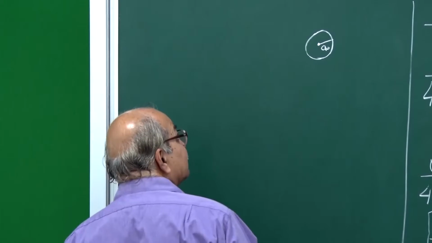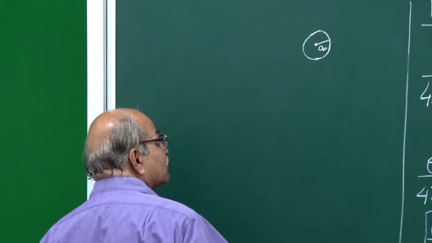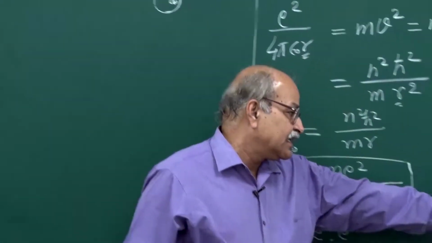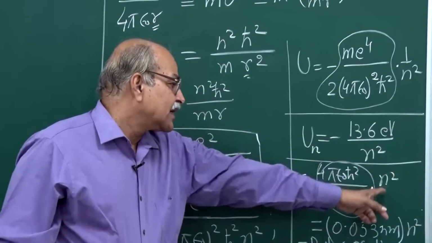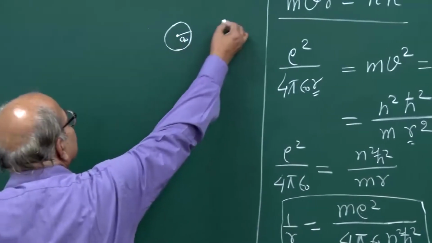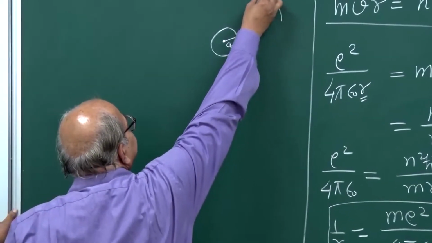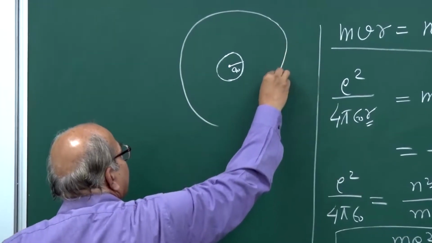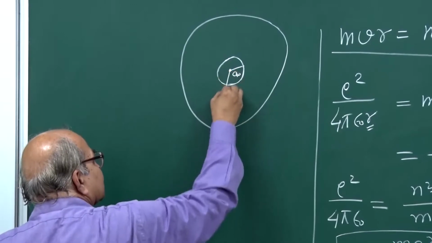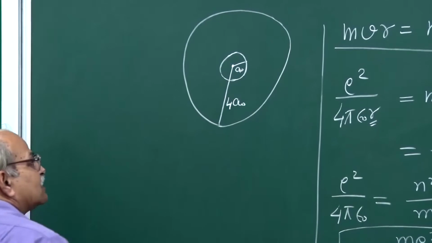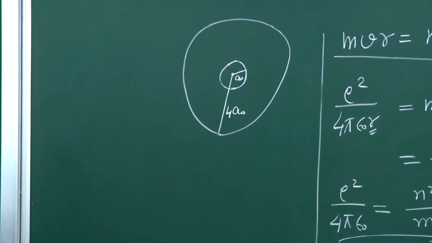Then the next stationary orbit is 4 times A0, because n equal to 2 and this is n square here. So the next orbit will have radius 4 times this, something like this. Four times this, 4 A0, where A0 is 0.053 nanometers.